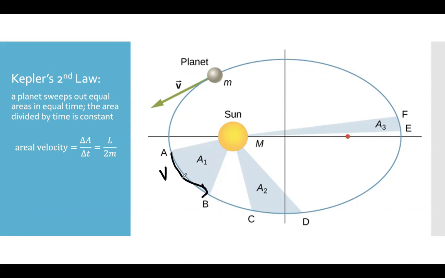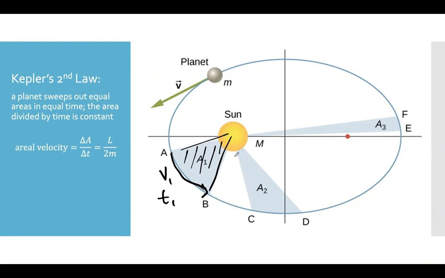As it sweeps along, it creates some kind of area here, A1. If we shade that in, that's going to be A1. It takes a certain amount of time for the planet to travel from A to B, so we're going to call that T1.